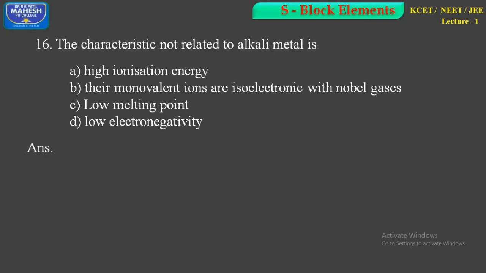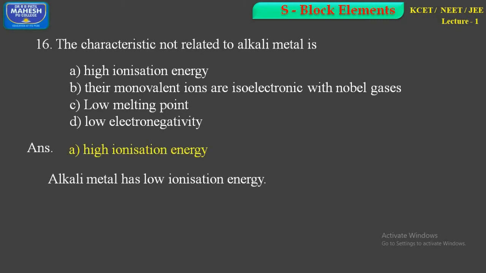In case of alkali metals, removal of electrons becomes very easy, due to which they are having relatively low ionization energy, and the reason for this is they are having relatively larger size in any of the period. Removal of electron requires minimum amount of energy. So option A is not a characteristic of alkali metal, that is high ionization energy.